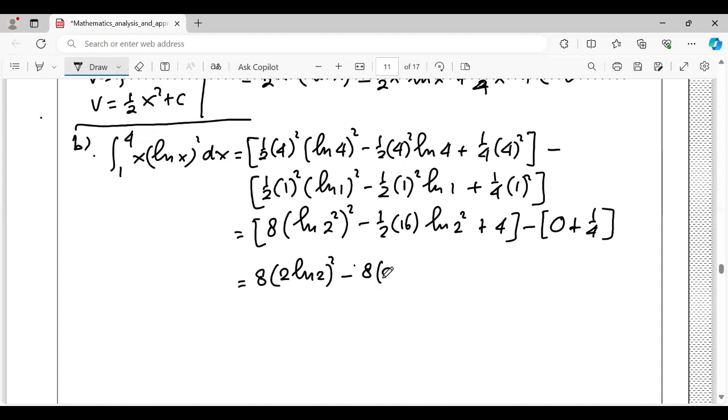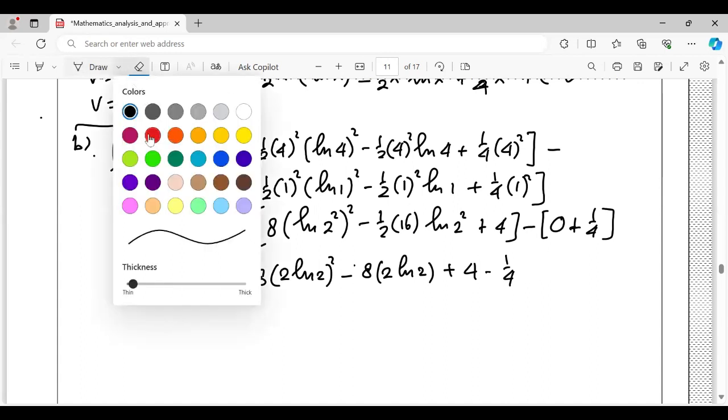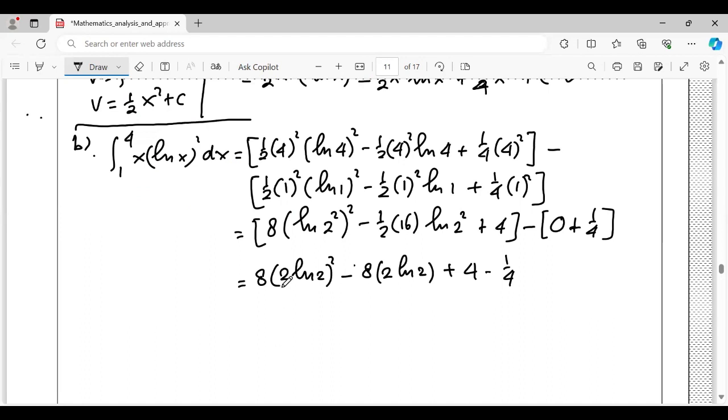Or 8 times 2 ln 2 first, plus 4 minus 1 over 4. Okay, this definite integral. So it's going to be 8 times 4 ln 2 squared minus 16 ln 2 plus 4 minus 1/4, 3/4.